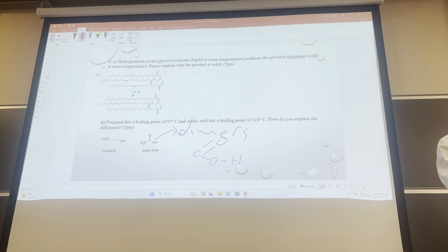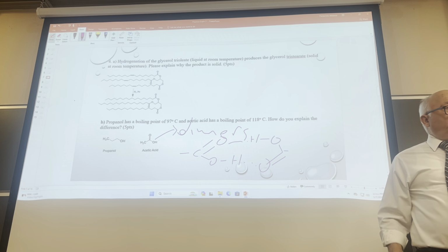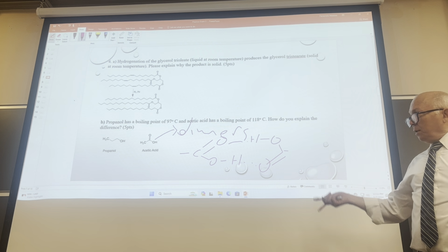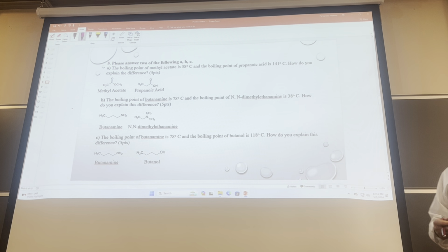It's going to look like this, with hydrogen bonds between the hydroxyl groups. And that's basically their only difference, because both of them are polar molecules, both of them make hydrogen bonds. The only difference is that the acid is going to make a dimer.